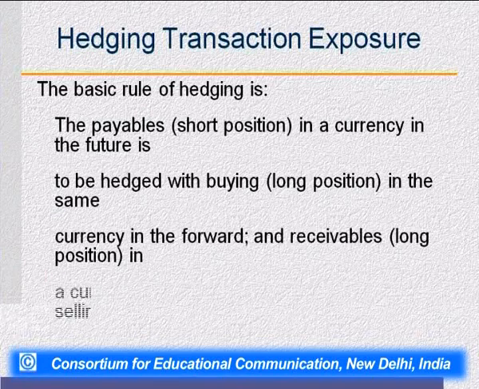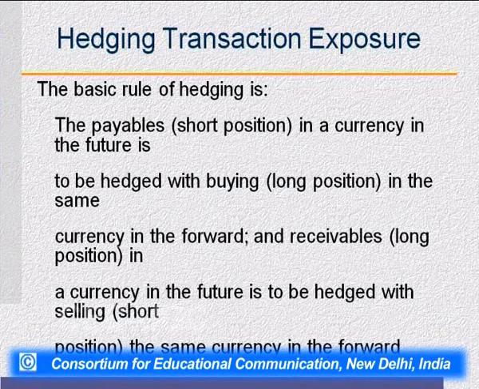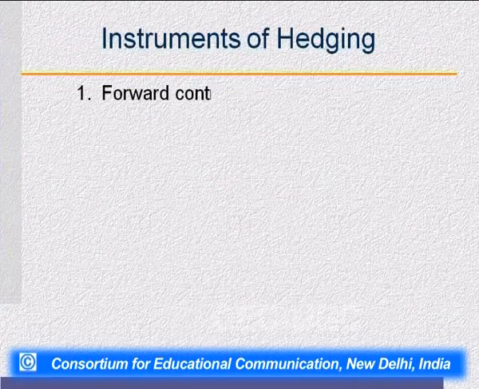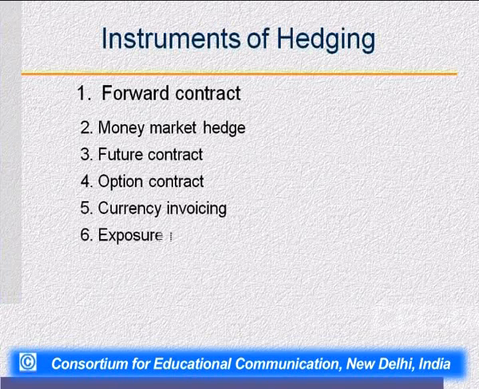The basic rule of hedging is that a payable, a short position in a currency in the future, is to be hedged by buying a long position in the same currency in the forward, and a receivable, a long position in a currency in the future, is to be hedged by selling a short position in the same currency in the forward. These are the instruments of hedging.